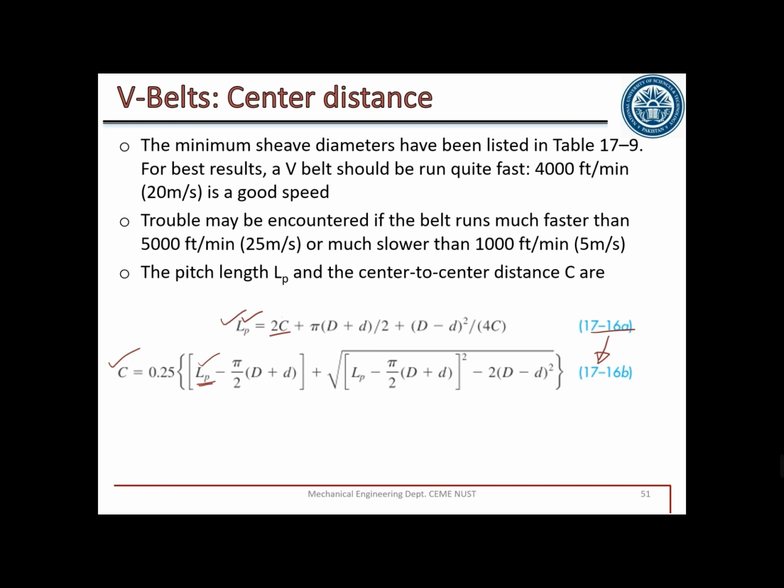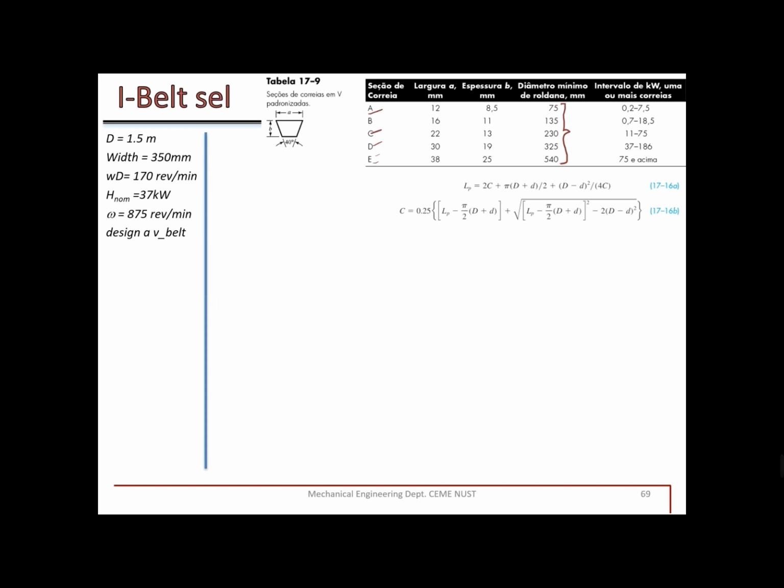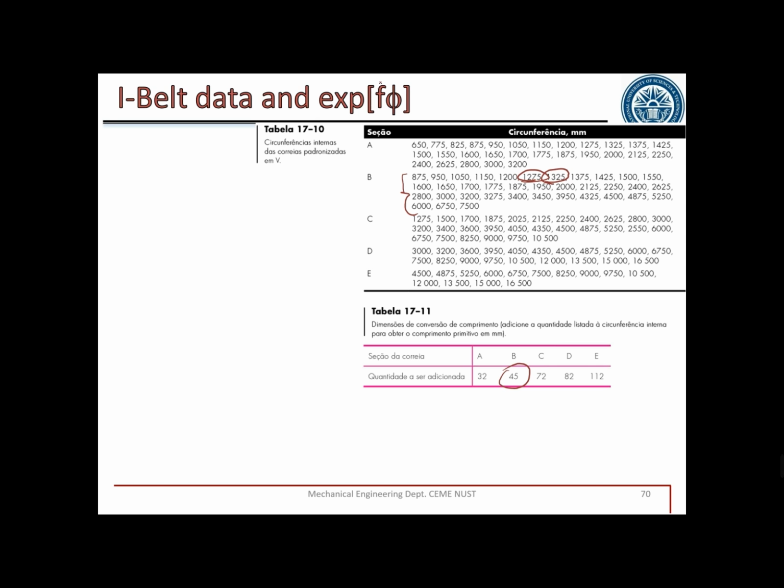Initially we have to select a belt depending on the power transmitted by the belt. For example, if you know how much power is to be transmitted or what the diameter is, from that we select a belt. From that belt, if we have an idea of C, we will assume a value of C. From that value of C, we will calculate Lp. Then we will compare it for that B type belt, adding a correction factor.